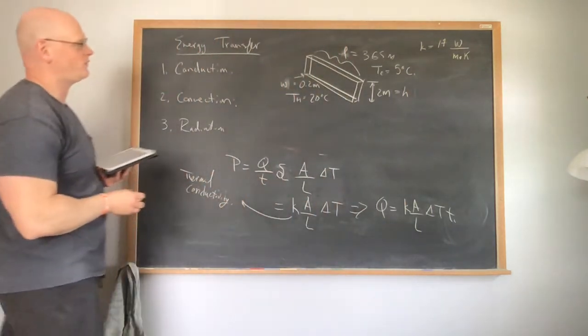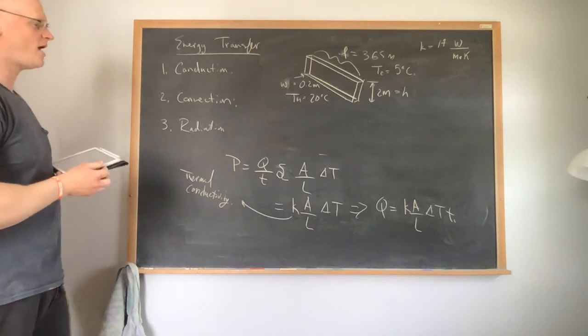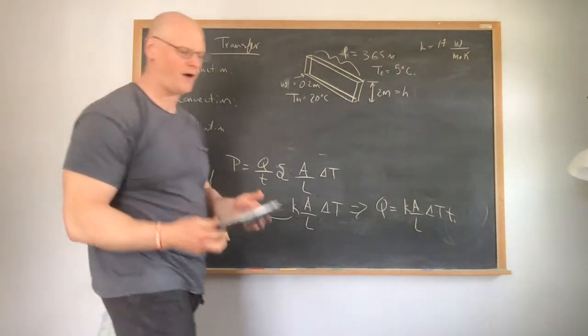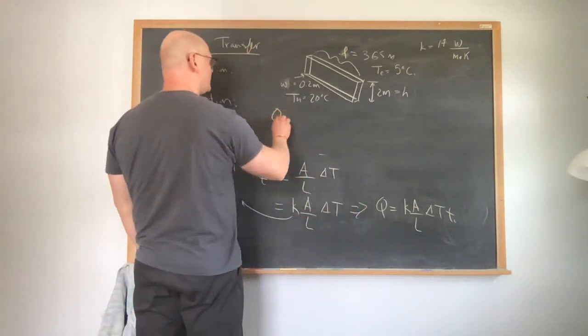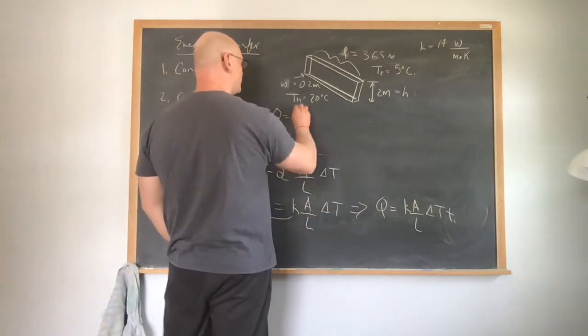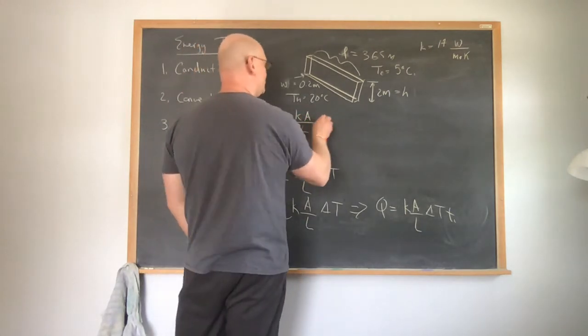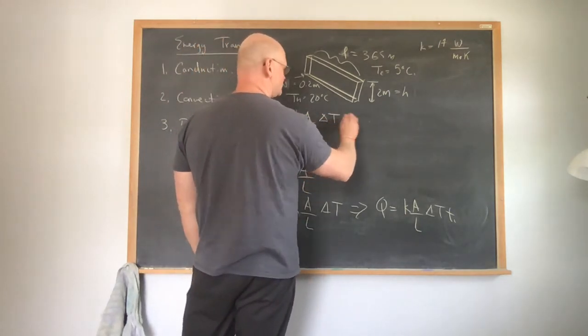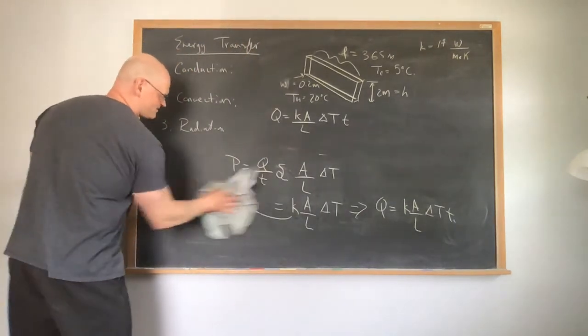So what I want to know is how much energy is transferred in 1 hour. Basically, we're just going to use this expression. The energy transferred in 1 hour is equal to K times cross-sectional area divided by the length times the change in temperature times the amount of time.